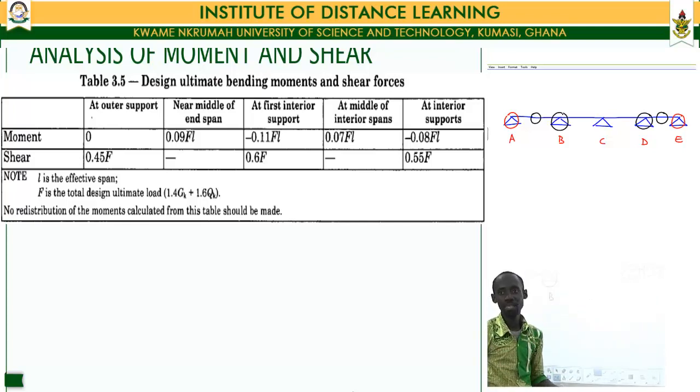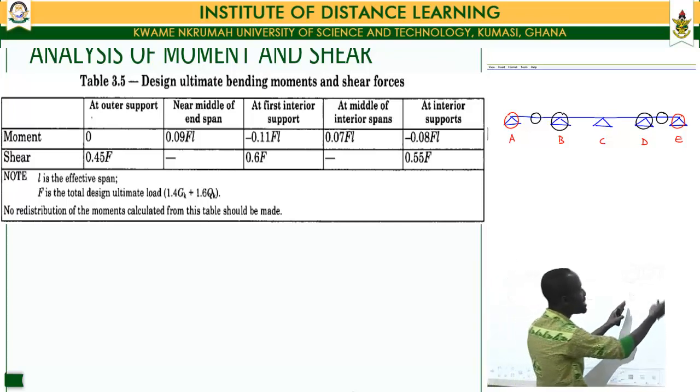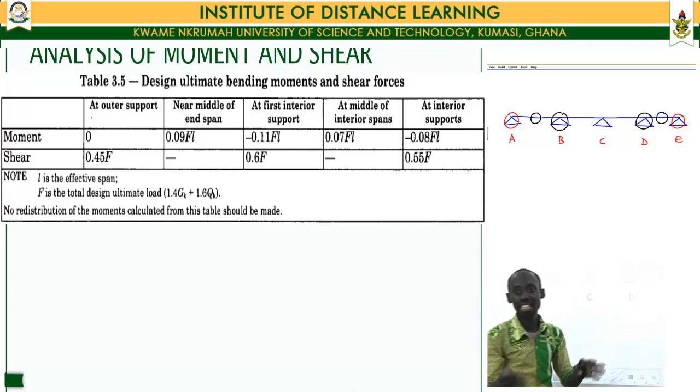Now, moving on, we come to the at middle of interior spans. Any span that is found in between the end spans is referred to as an interior span. So we look at our span AB and our span DE as our end spans.